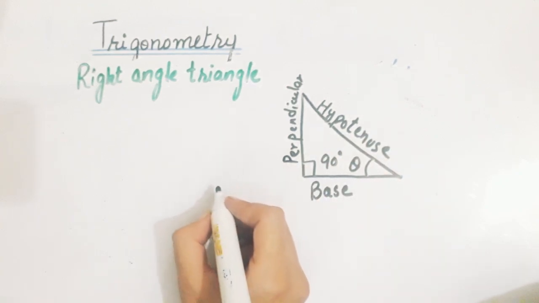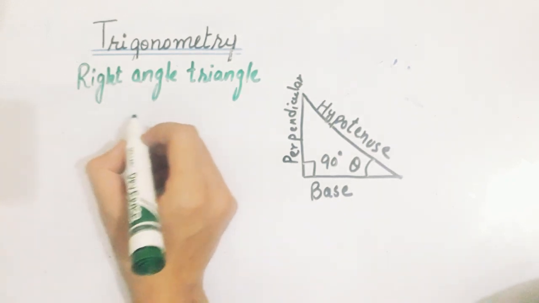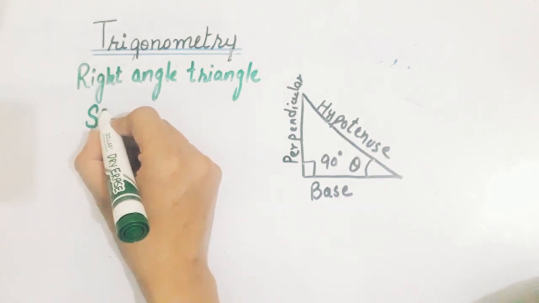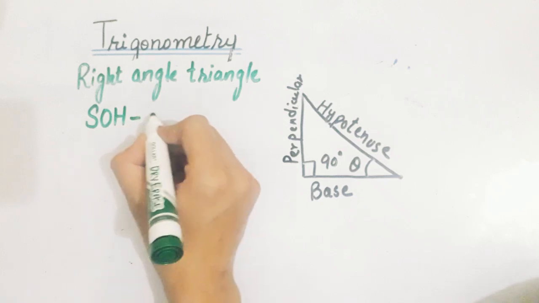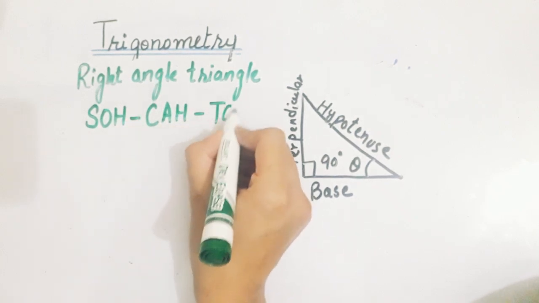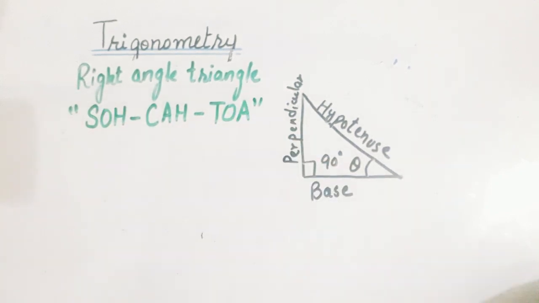So now I will define the three main trigonometric ratios that are used in this. For this purpose, first of all, you have to remember an easy trick, that is SOH, CAH and TOA. You have to remember this trick to describe the trigonometric ratios.